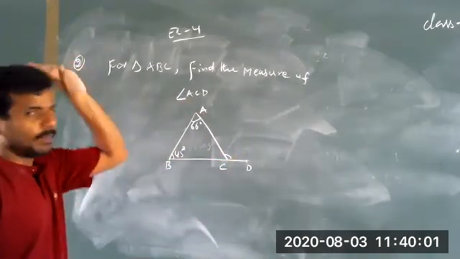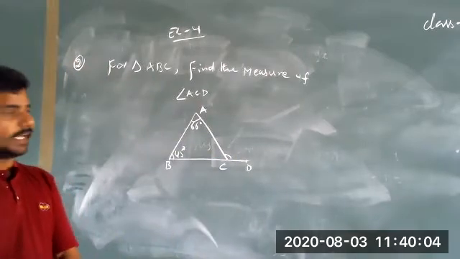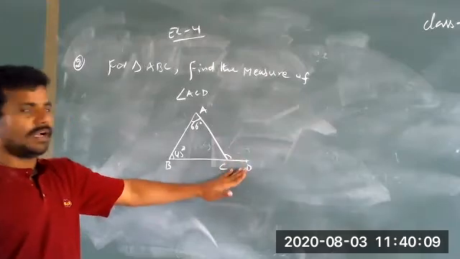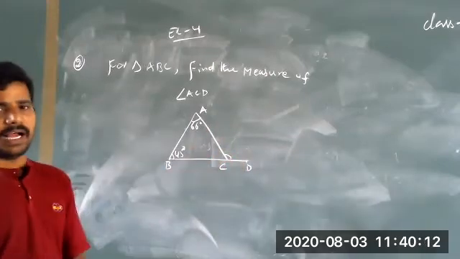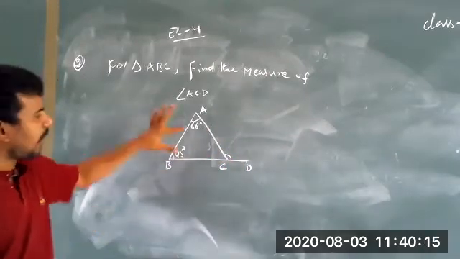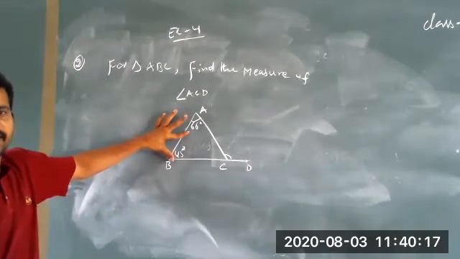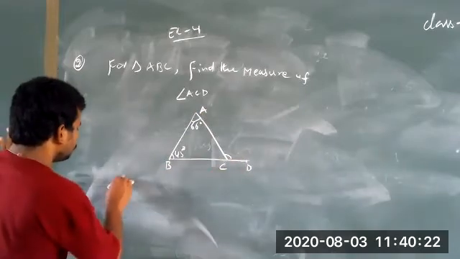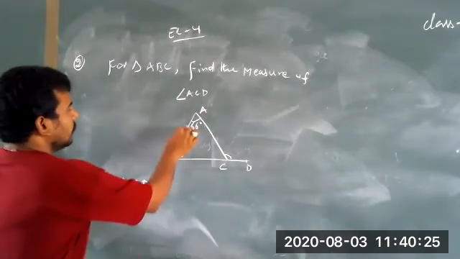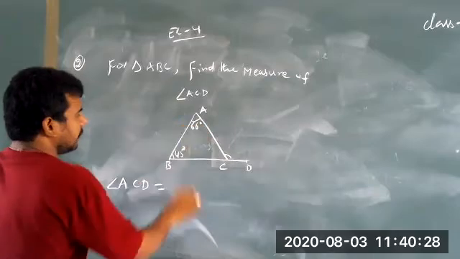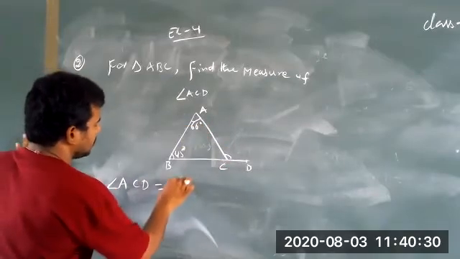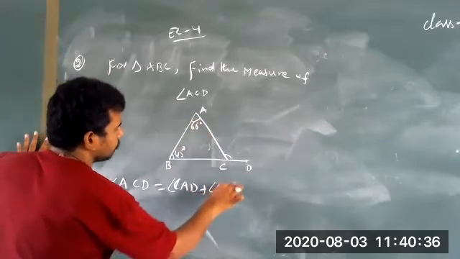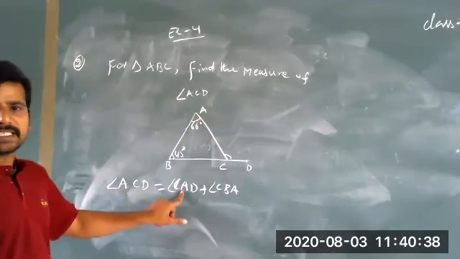Clear, children? So what is the exterior angle property? The exterior angle of a triangle is equal to the sum of the two interior opposite angles. That means angle ACD is equal to angle CAD plus angle CBA. What about angle CAD?